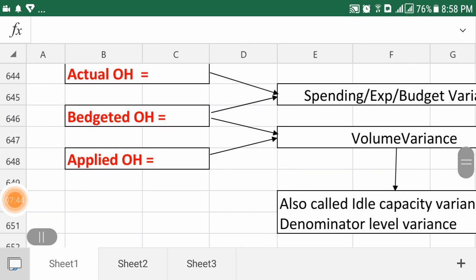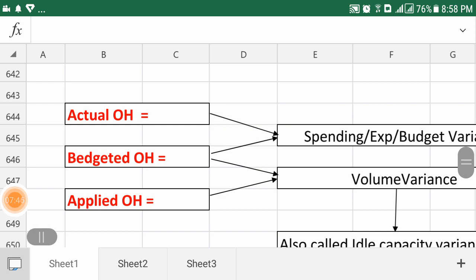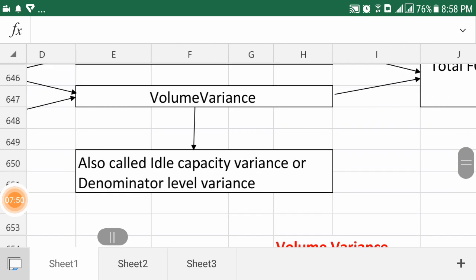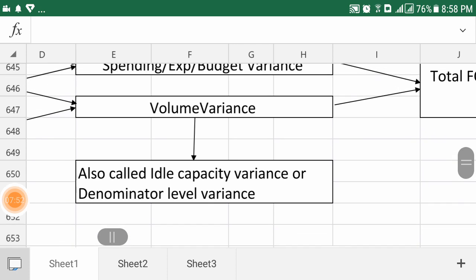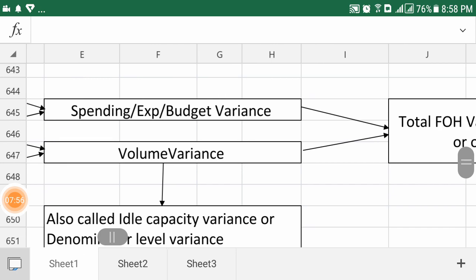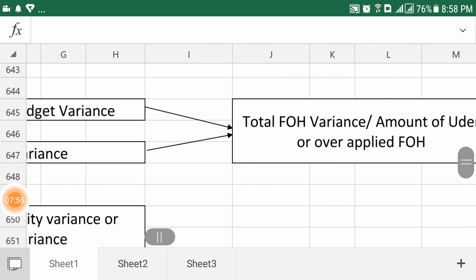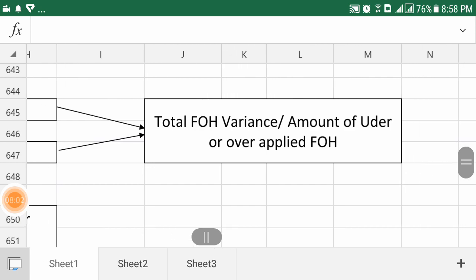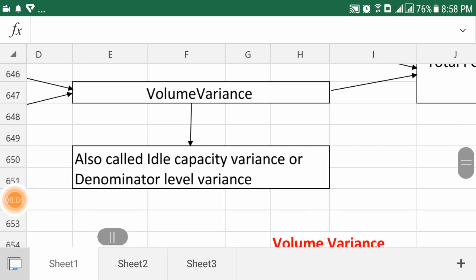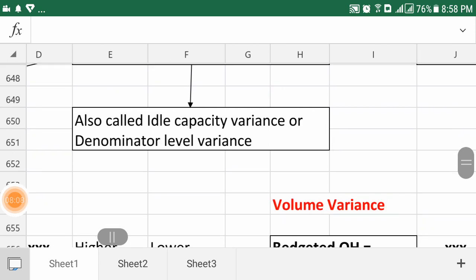And in the figure it also says actual overhead, budgeted overhead, and applied overhead. So by this figure you can analyze that spending or expenditure or budgeting variance, and volume variance equal to total fixed overhead variance, the amount of under or over applied fixed overhead. This is also called the idle capacity variance or denominator level variance.